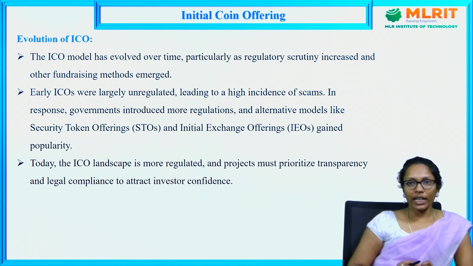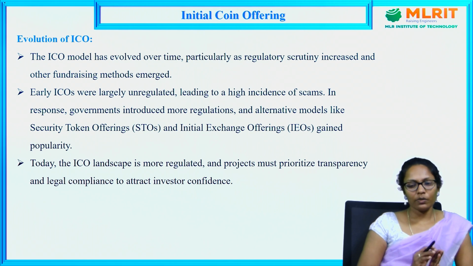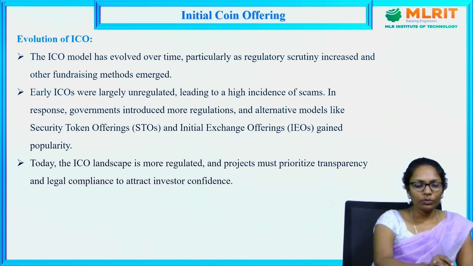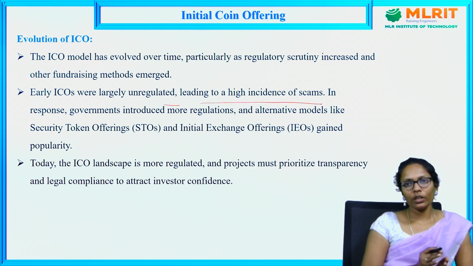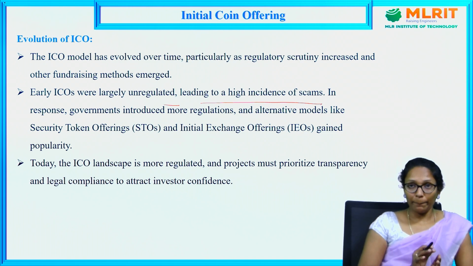And how has the ICO evolved? Years ago, ICOs evolved. Early ICOs were largely unregulated, leading to a high incidence of scams, as we discussed in the previous slide. Early ICOs were not following rules and regulations much, so the high risk of scams was there. But the latest ICOs are following the regulations.